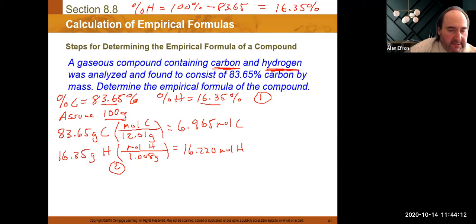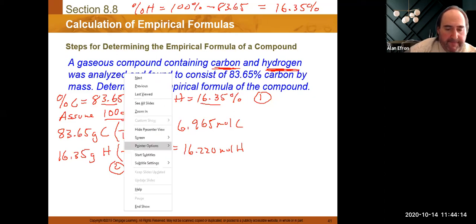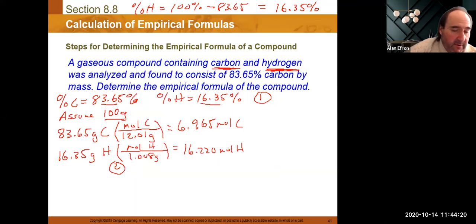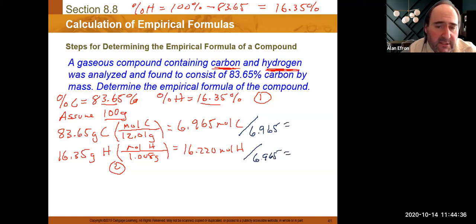Any questions up to that point? At this point, what we want to do is divide by the smallest number of moles. What we're talking about is the moles of carbon and the moles of hydrogen, and in this case, it is the moles of carbon. So we would divide everybody by the moles of carbon, which is our smallest number in this particular case.